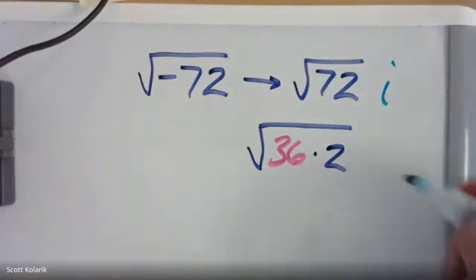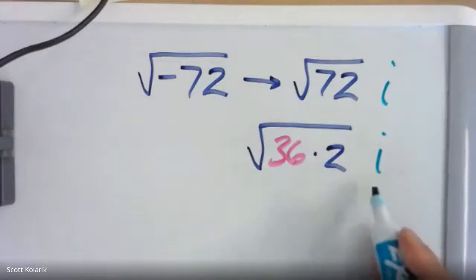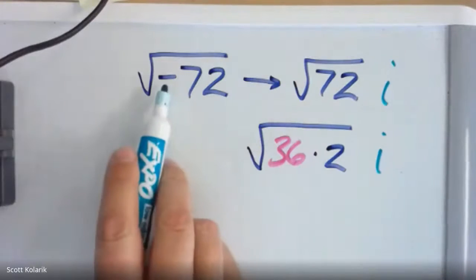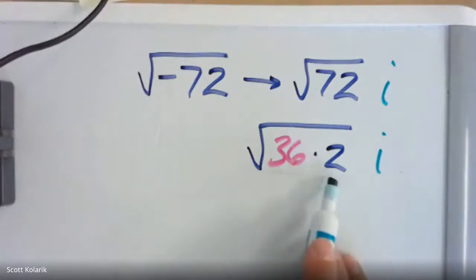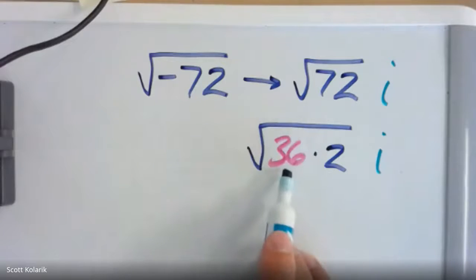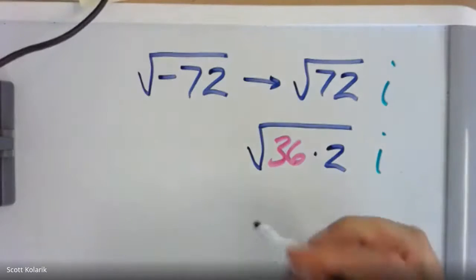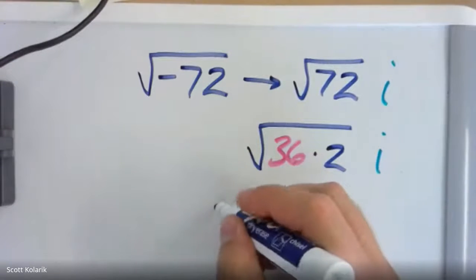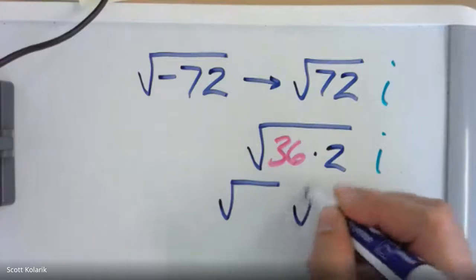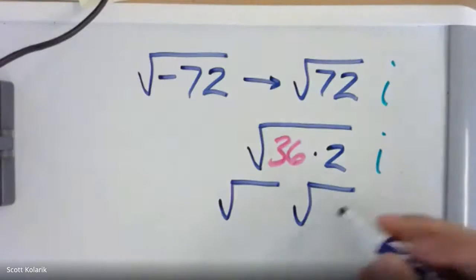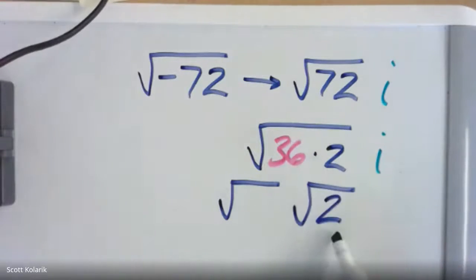And that's important because I wanted to split it up this way, and that letter i is still there because it represents that negative. But I want to split it up this way because this guy I can actually take the square root of. And then, coming back to that property that we dealt with in section 1, I can split this up into 2 radicals, with 2 being under the next one, 36 being under this guy.